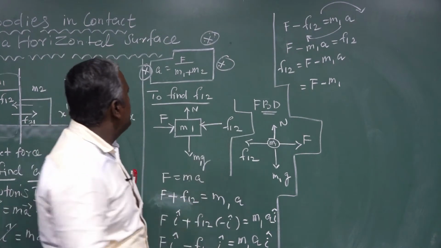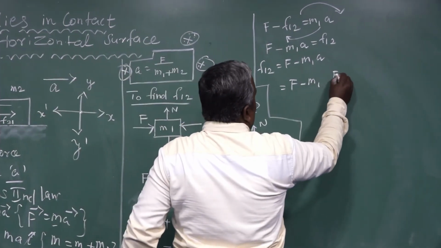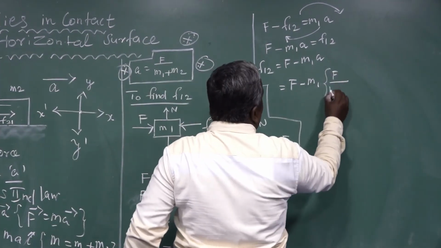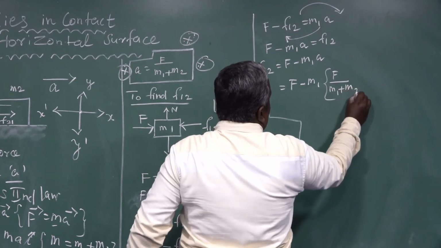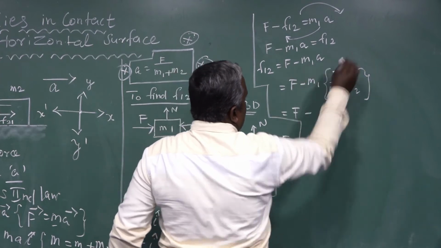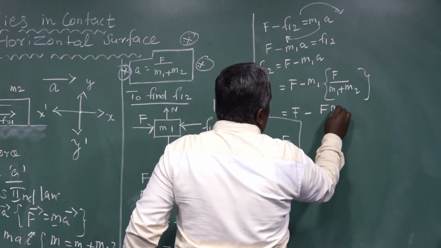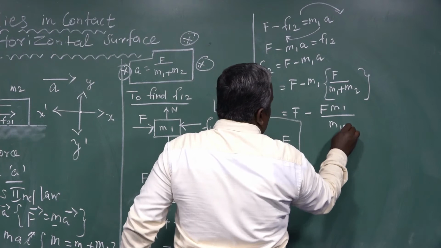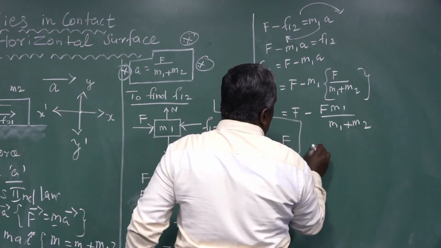F12 is equal to F minus M1 times F by M1 plus M2.